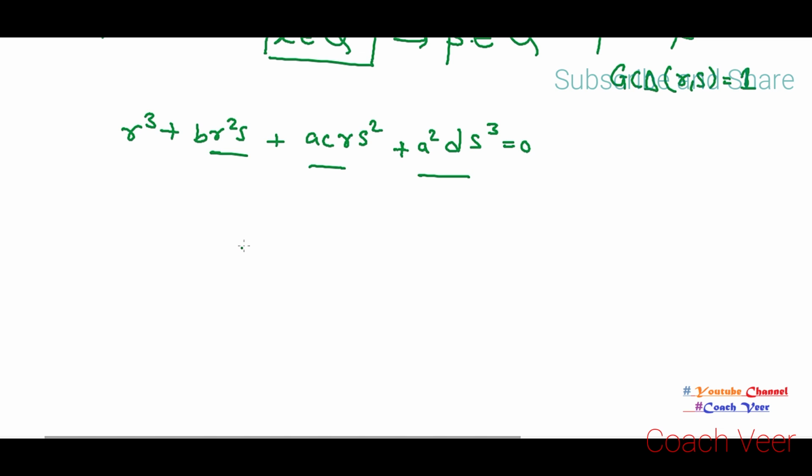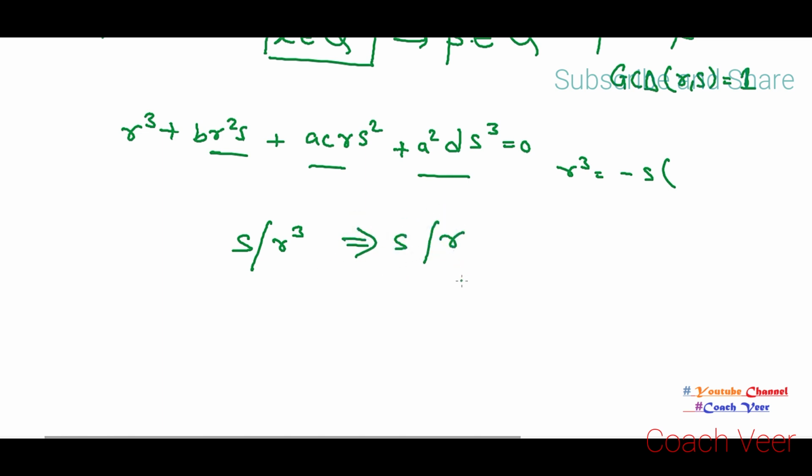So it means s divides r cube, because if we take this side in multiplication, like r cube is equal to all these things, then s must be there. Okay, s divides r cube means s divides r.